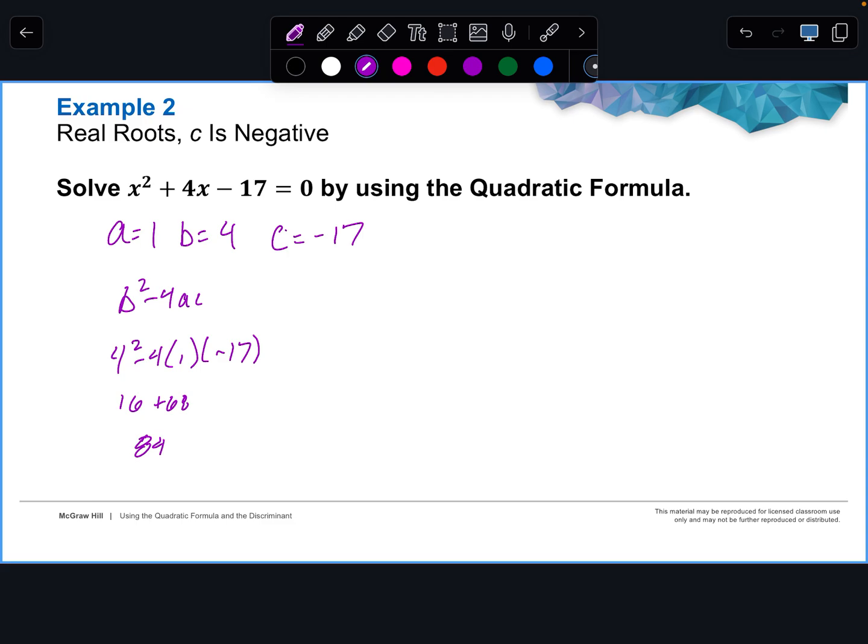Is my arithmetic correct? I'll wait for you to check. It's 84, right? Okay, so negative 4 plus or minus the square root of 84 all over 2 times 1.